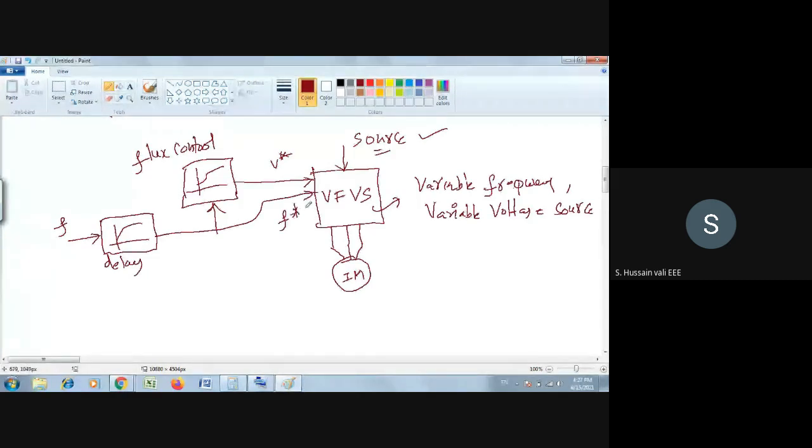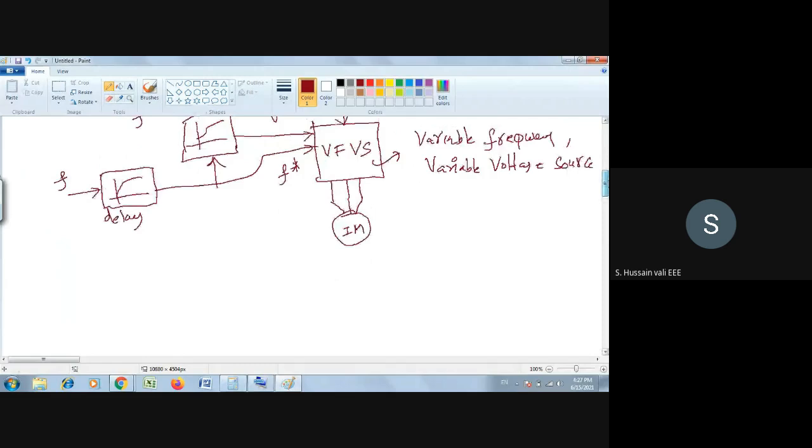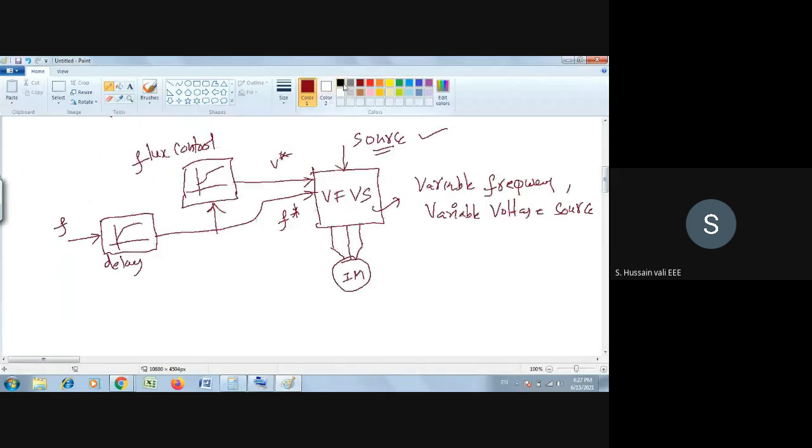What these blocks combinedly do is that, just now I told you one important thing, and these blocks will implement it. This part of the block diagram implements what I showed you: when you want to decrease the frequency, what you have to do, and when you want to increase the frequency, what you have to do. That logic or that algorithm will be implemented by these two blocks.